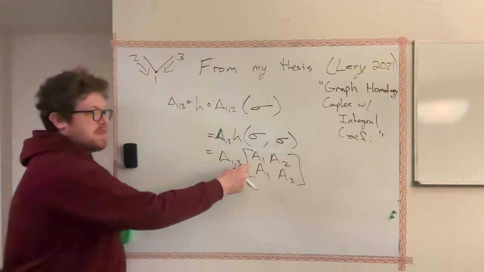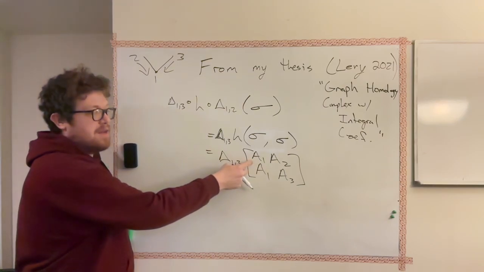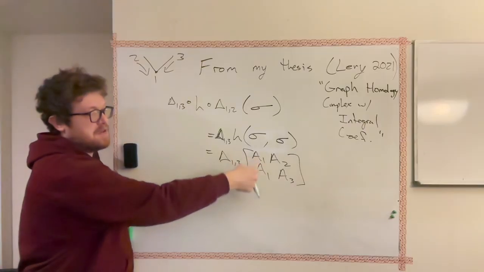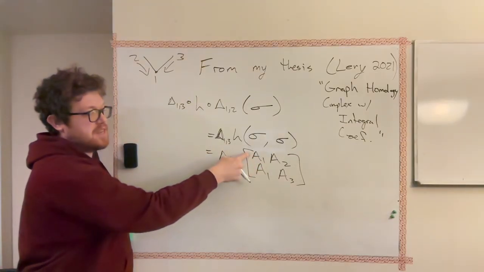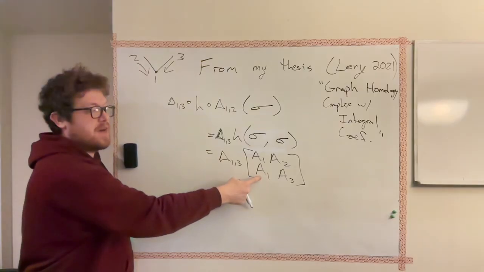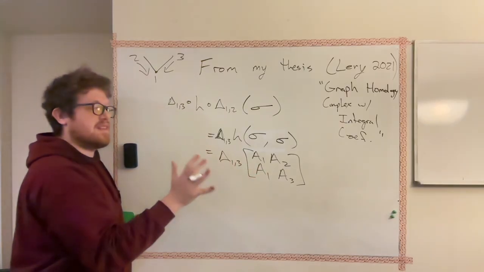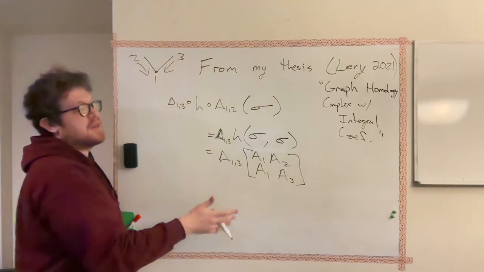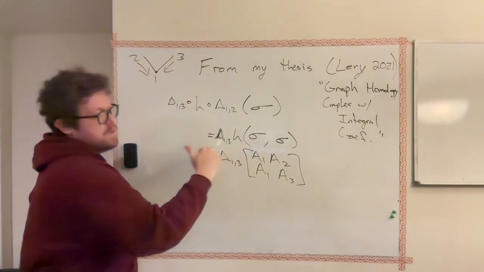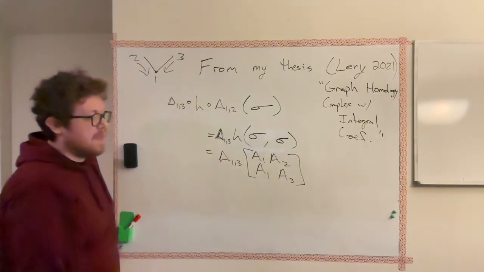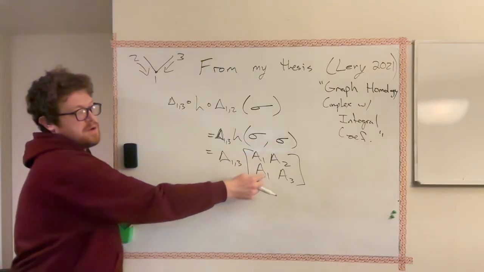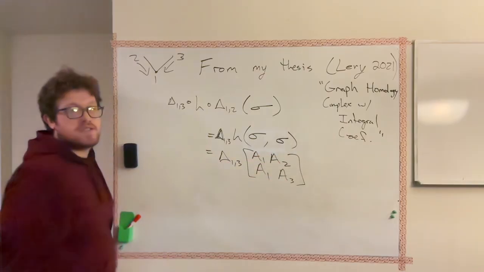Remember, this is just like the EML of a surjection coaction, except that the AIs are allowed to take up more than one row. So this is like A1 here and A1 also on the bottom. It's slightly different than the EML of the coaction of some surjection, because for those, the AIs are only in a single row at a time. But here we have an A configuration, so A1 is here, A1 is also here in this row, and then we have A2 here and A3 in the second row.